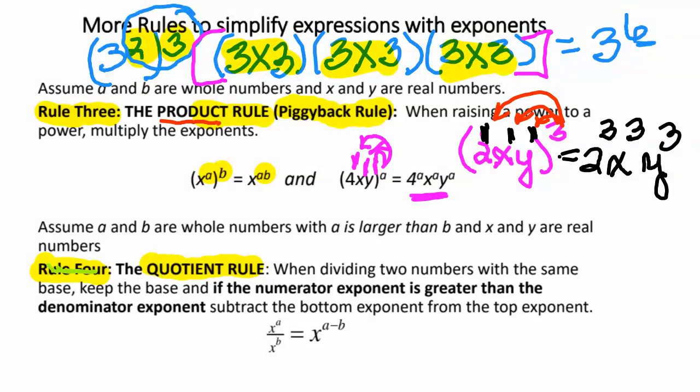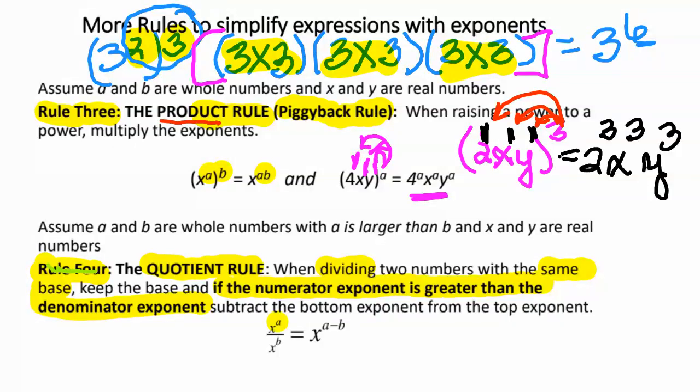When dividing two numbers with the same base, notice same base, that's like the last row in the table that we started with, we're going to keep the base, and if the numerator exponent is greater than the denominator exponent, that's what you have to watch.